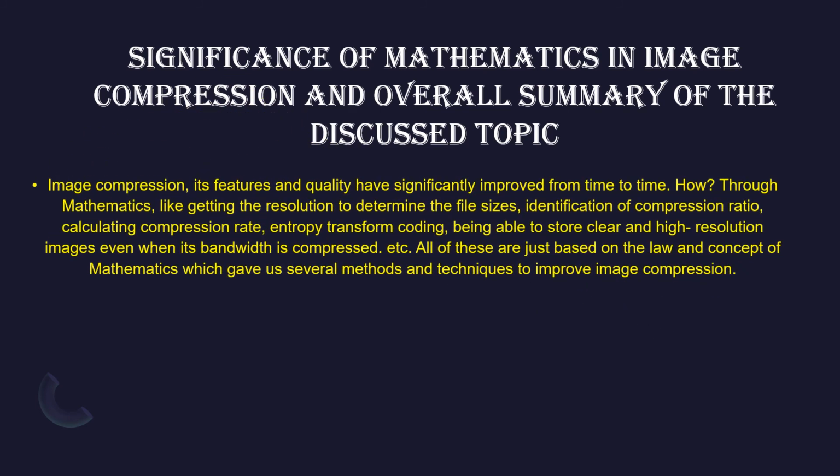So if mathematics is involved in image compression, therefore, it is significant to the said topic. Based on my research, I've seen that math is the only concept that paved the way for the advancement of data compression, specifically for images.